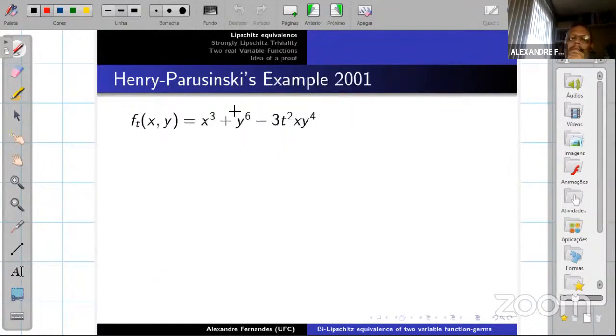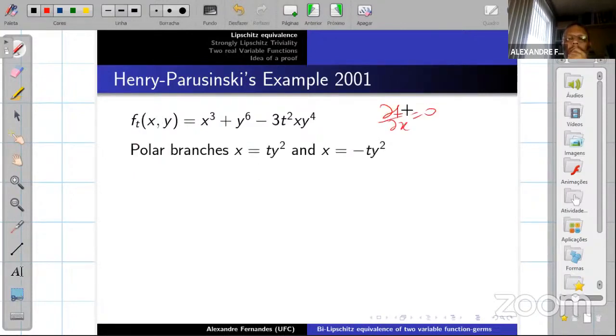So let me take an example here. And the polar set here, the polar curve. I have this. We have two branches. This is one branch.